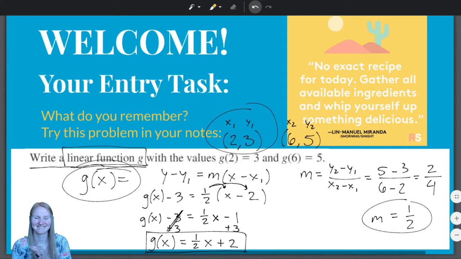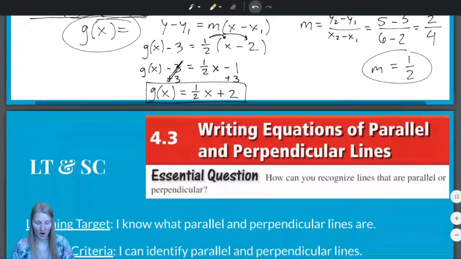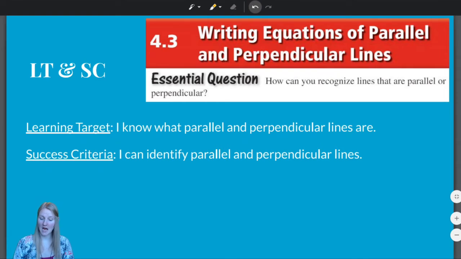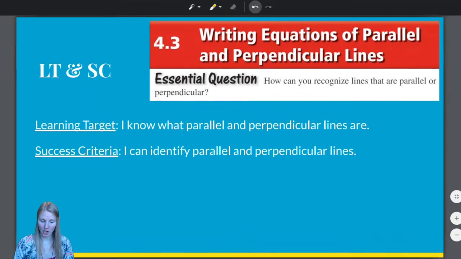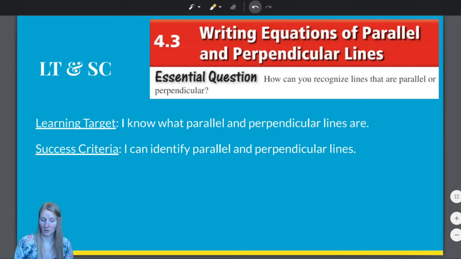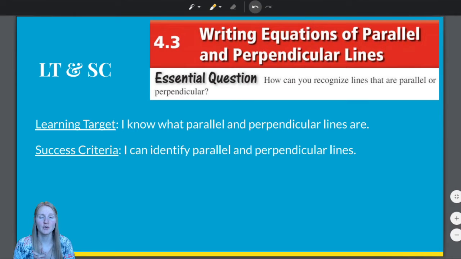All done. Awesome. Okay. Let's move on to what we have for today. Today we're starting 4.3, so our entry task was about 4.2, but today we're going to start 4.3, which is about writing equations of parallel and perpendicular lines.